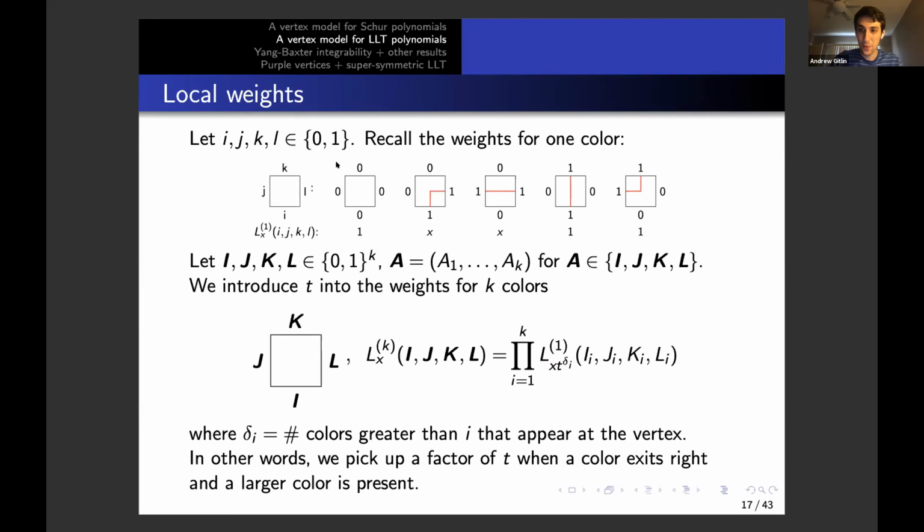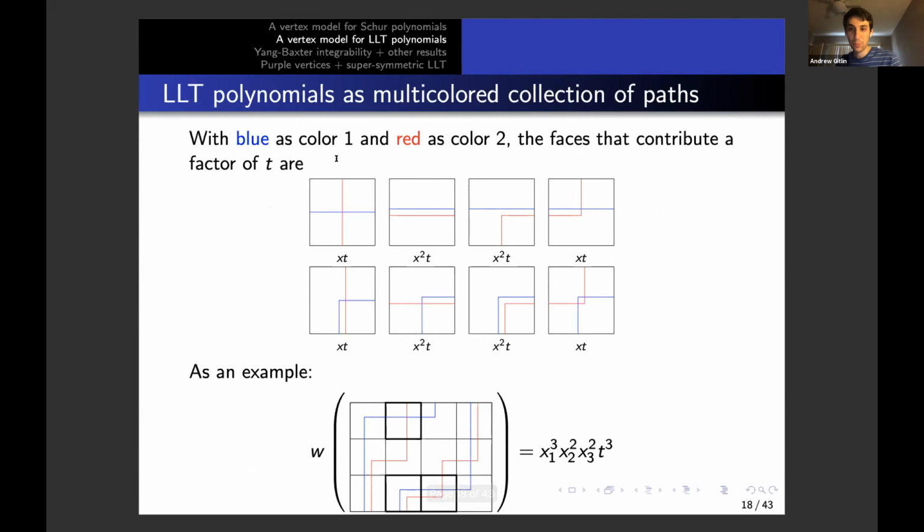Okay, so for example, blue is going to be color 1, red is going to be color 2. These are the 8 configurations in a vertex that give me a t. And so what gives me a t is blue exiting right and red being present. So for example, in this vertex, blue exits right and a larger color, namely red, is present.